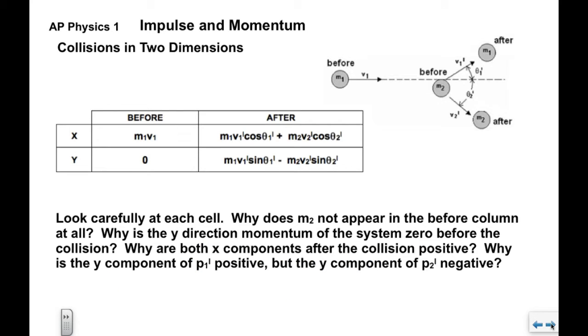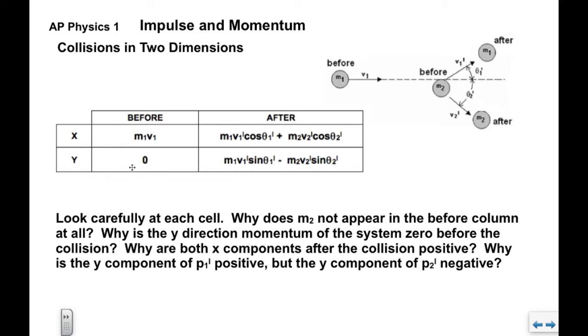Now we want to look at each of these cells pretty carefully. In the before column, we have an x direction m1 v1. There's a question here: why do we not see m2 in either of these two columns? And your answer would be m2 is not moving, so it doesn't have any momentum before the collision.